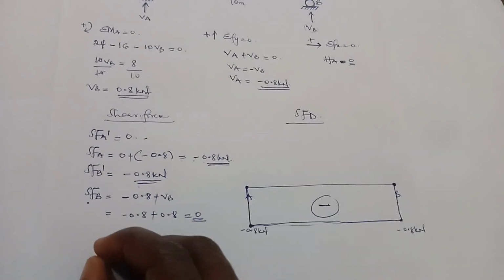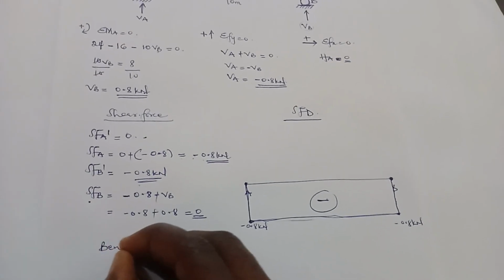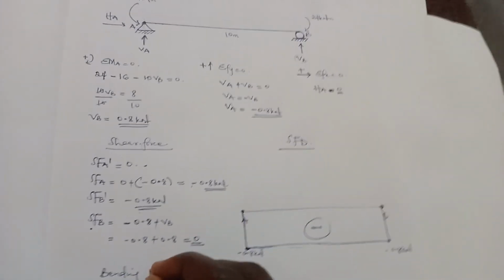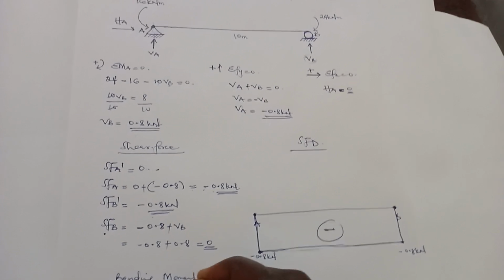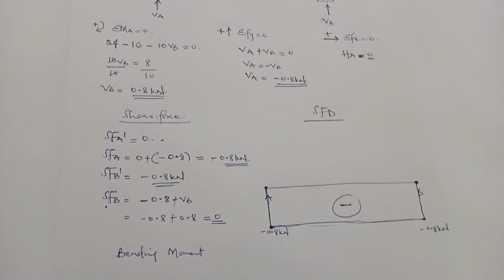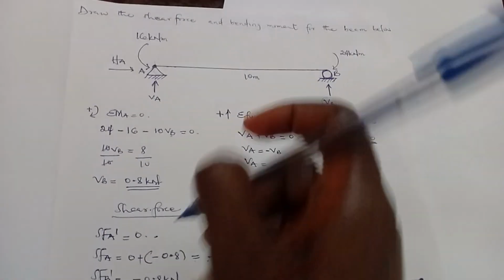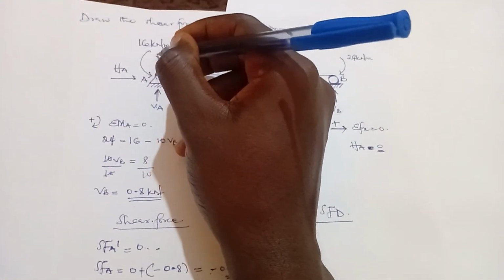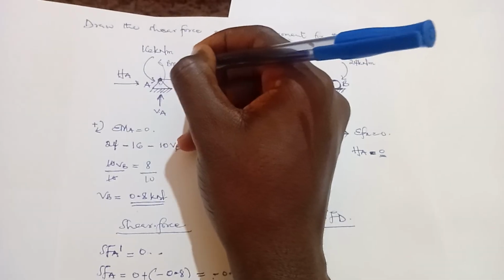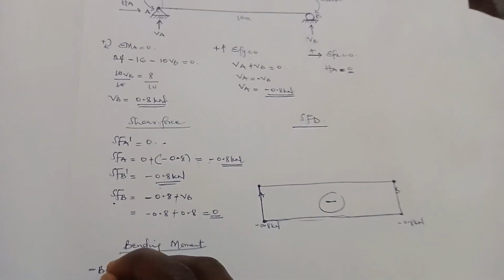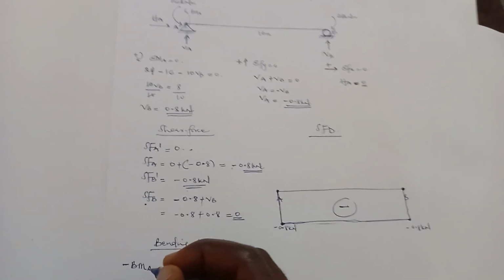Now let's deal with the bending moment. For the bending moment at A, let's take our left. So we'll take moments to our left and call it BMA. It's negative BMA because it's moving in the anti-clockwise direction.